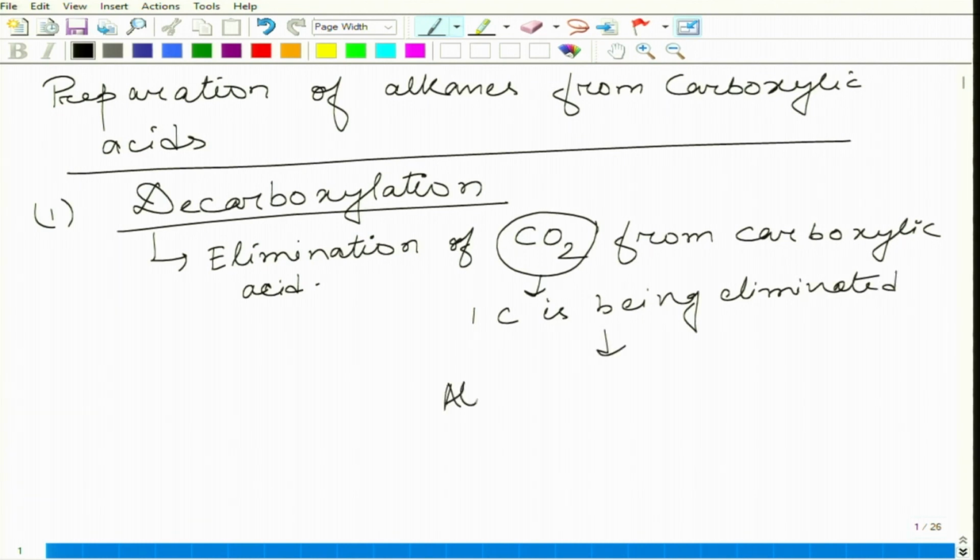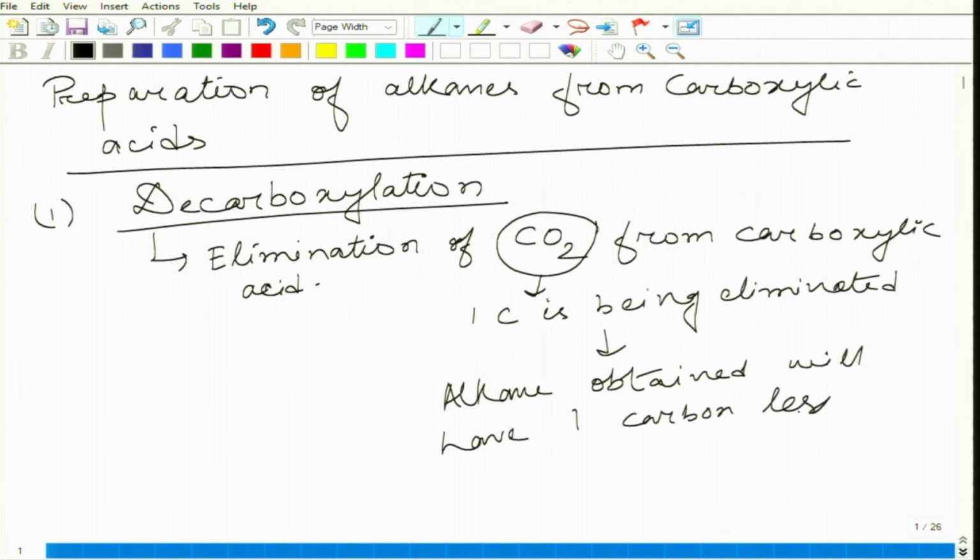So, the alkane obtained will have one carbon less.